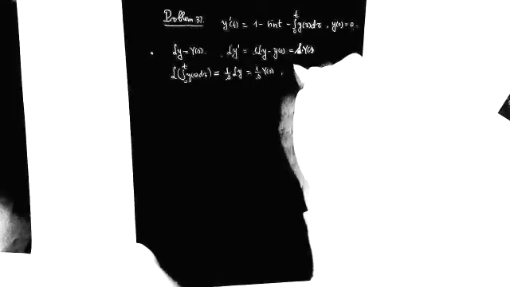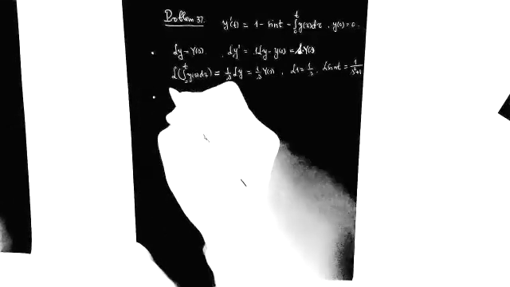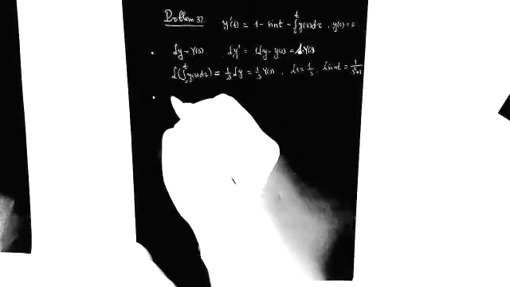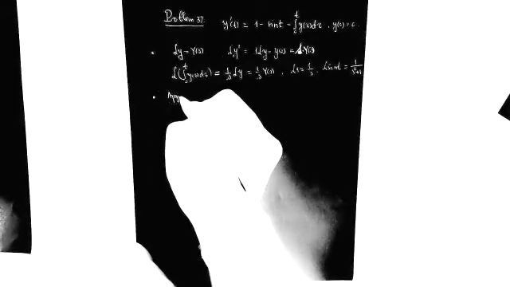Now you also have the Laplace transform of 1, that's 1 over s, and the Laplace transform of sine t, which is 1 over s squared plus 1. So you find all the Laplace transforms that you need, and then you apply them to the equation.